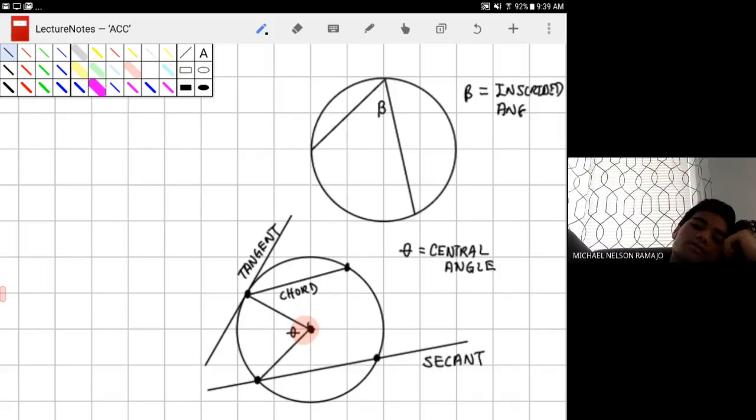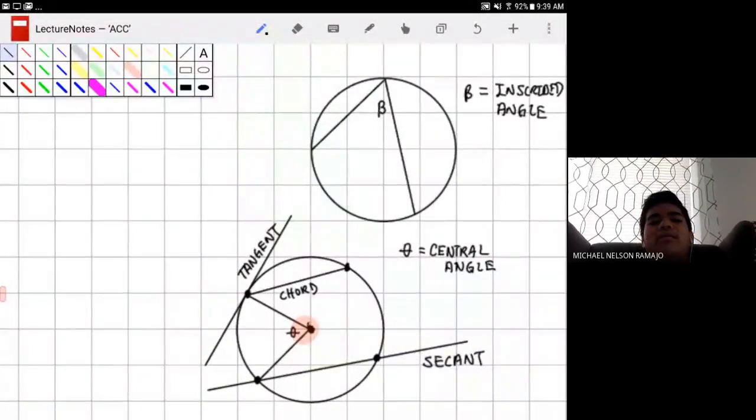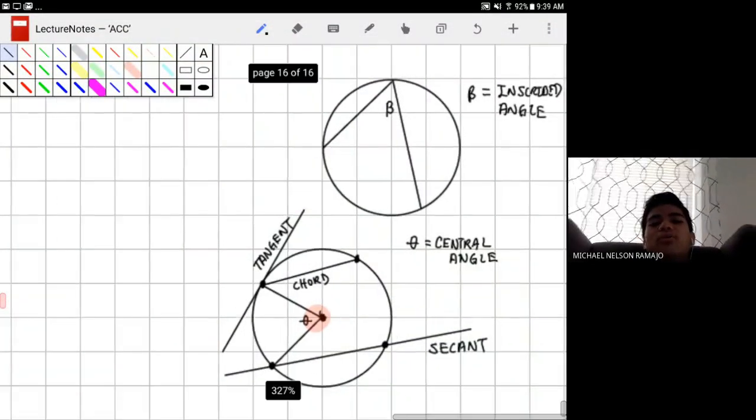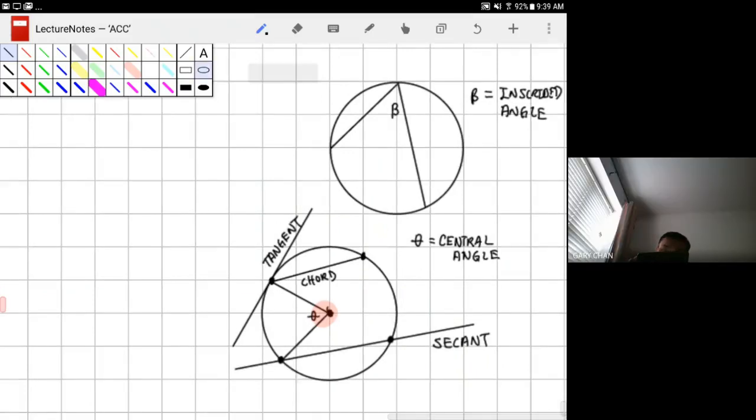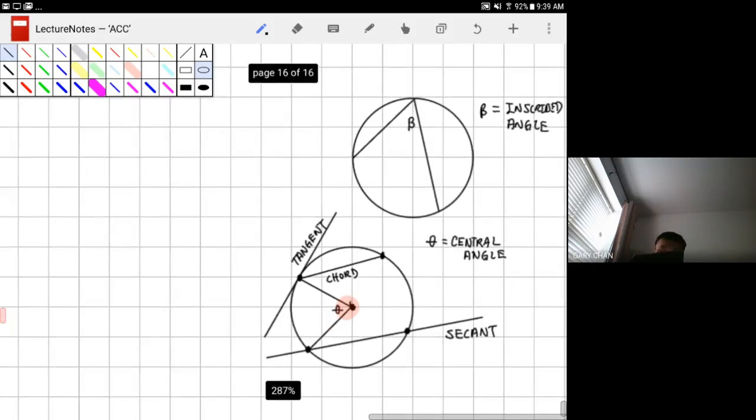So a central angle is formed by 2 radii, while an inscribed angle is formed by 2 chords. And actually, it's not simply just 2 chords. It could also be formed by a chord and a tangent.